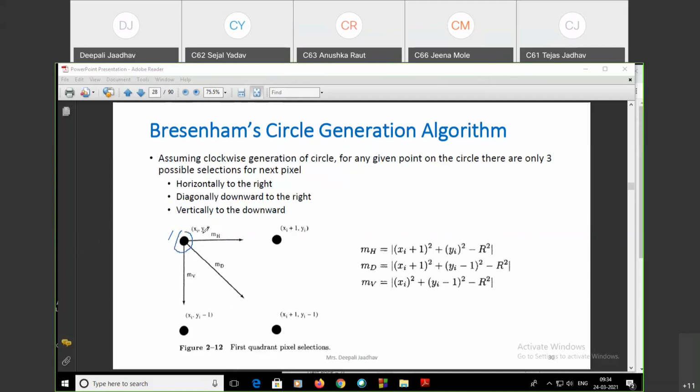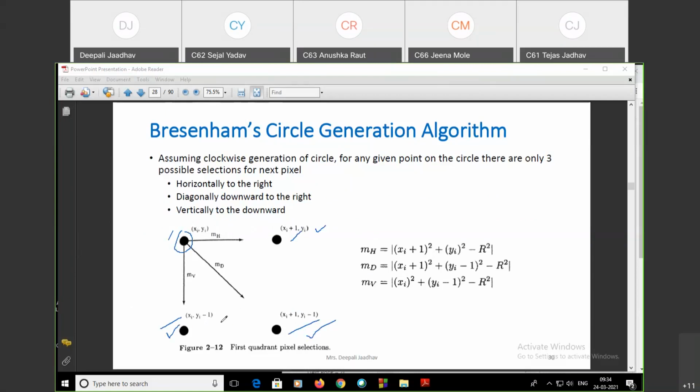The next point to be generated on the circle is either this one, this one, or this one. So this is the horizontal point where x is increased but y remains as it is. This is the diagonal point where x is increased and y is decreased, and this is the vertical point where x remains as it is and y is decreased.